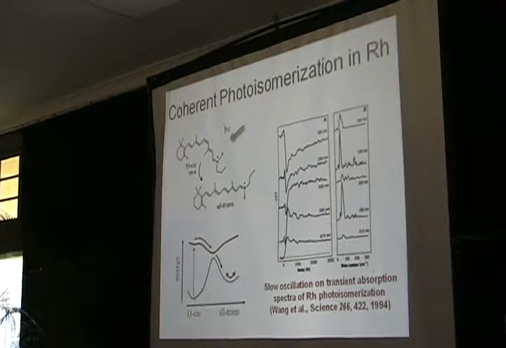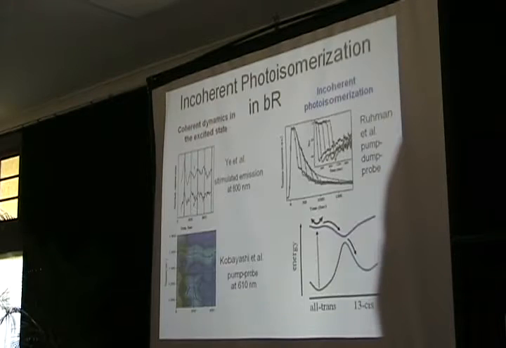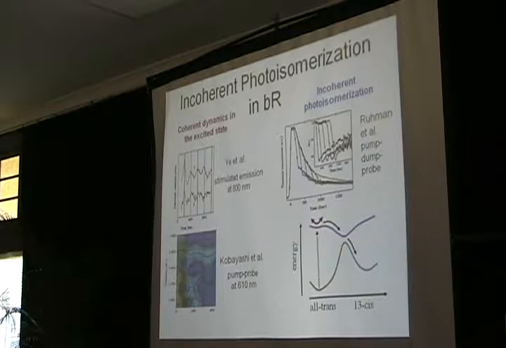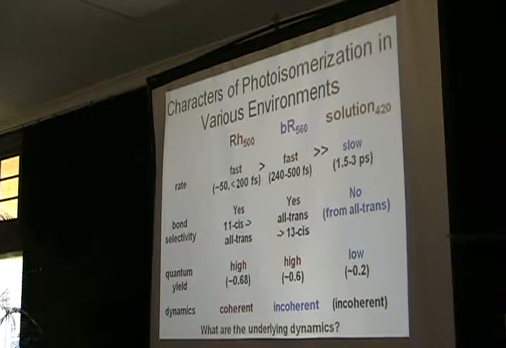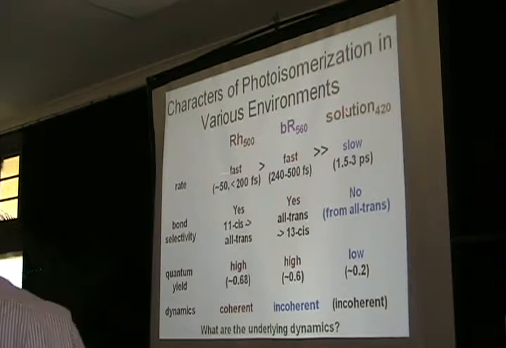This is quite unusual for this kind of condensed phase system. BR also has similar coherent dynamics in the excited state. However, in the formation of the ground state of the photoproduct, this vibrational coherence is lost. So these are the characteristics of photoreception.